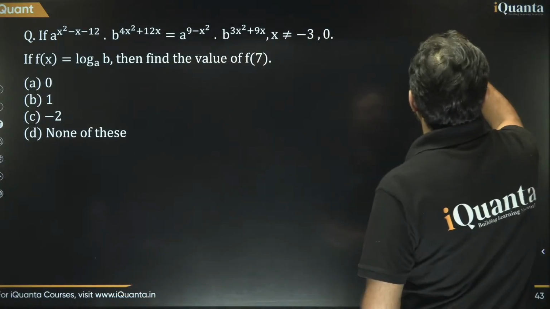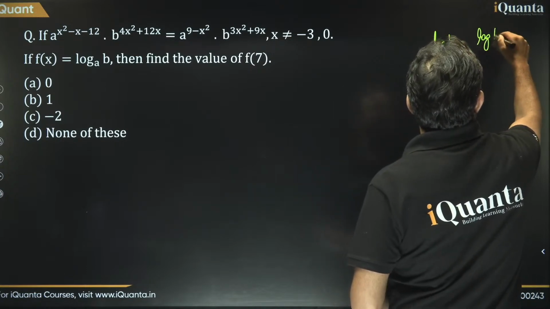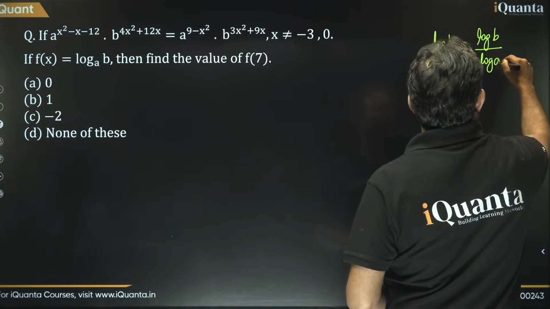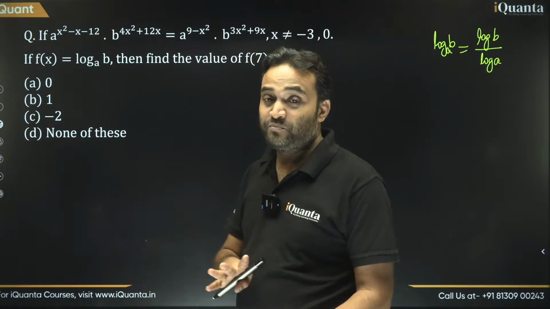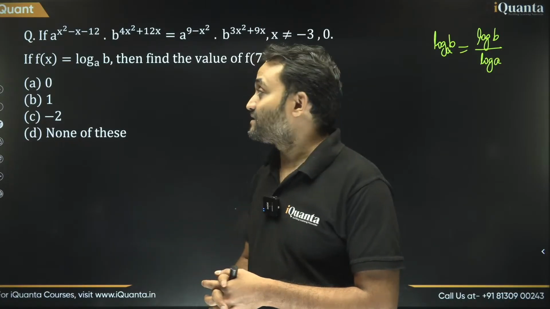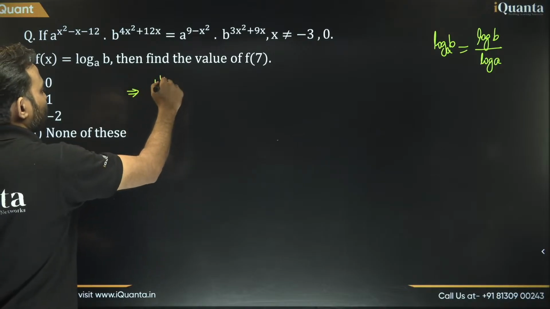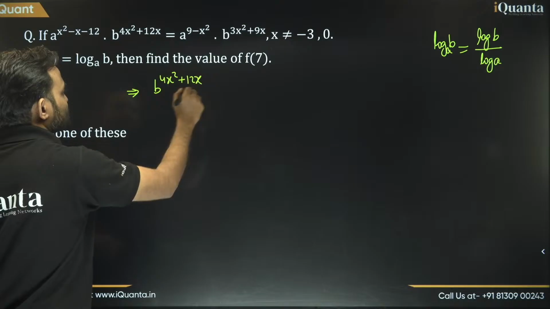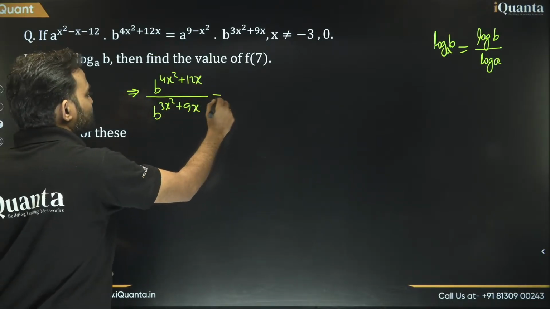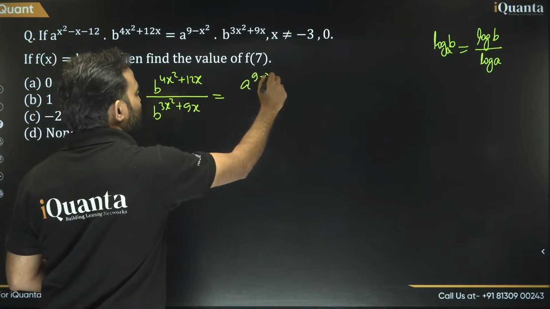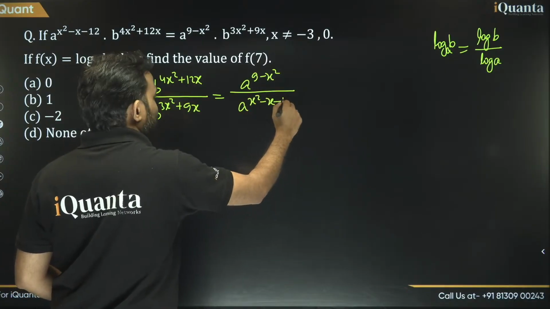What do we know? That log b base a can be written as log b upon log a, right? So if somehow we get a on one side and b on the other side, then it will be very easy to find out. So we can write b to the power 4x square plus 12x divided by b to the power 3x square plus 9x is equal to a to the power 9 minus x square divided by a to the power x square minus x minus 12.